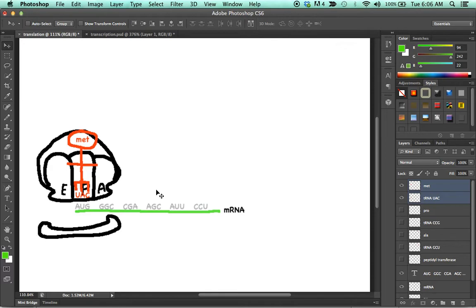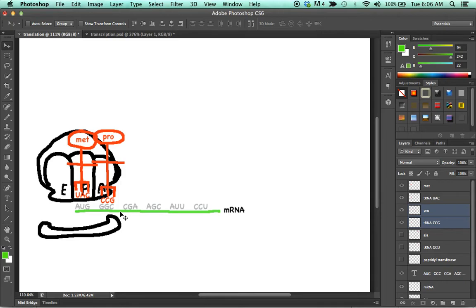And then what happens next is another specific tRNA molecule with the anticodon CCG, which corresponds to this amino acid called proline. These tRNA molecules enter the A site of the ribosome and get attached there because again the anticodon complements the codon in the mRNA molecule.